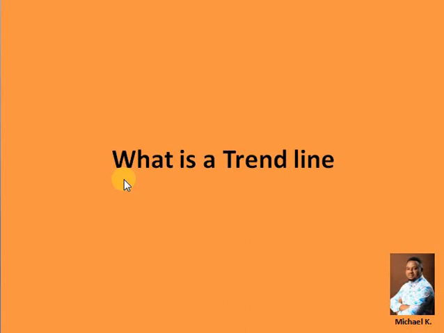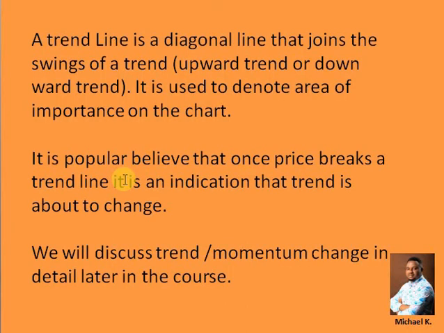What is a trend line? A trend line is a diagonal line that joins the swings of a trend, that is an upward trend or a downward trend. It is used to denote areas of importance on the chart.